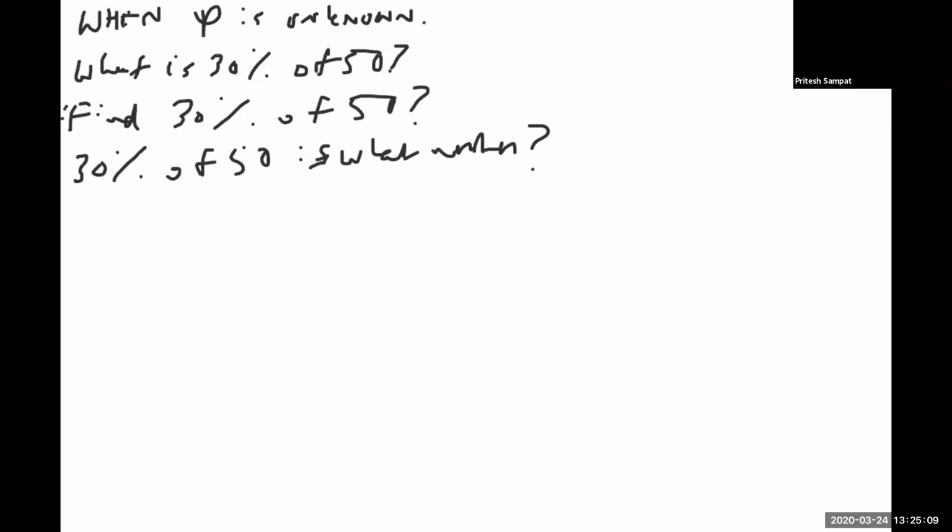So if I use my equation that I edited and I had part, base, let me put that on the same color. Part over base is equal to rate over 100.